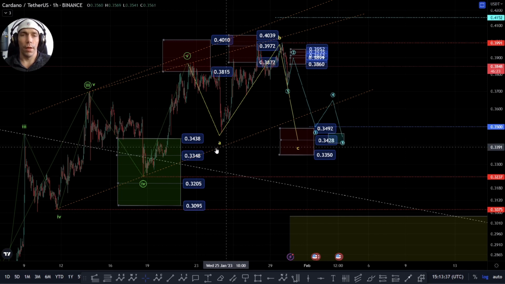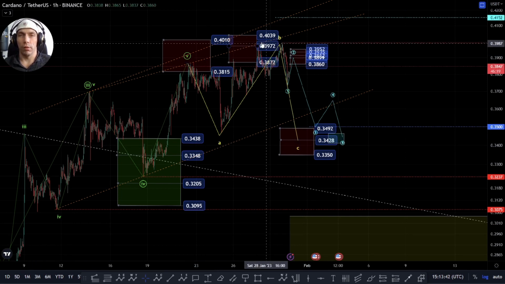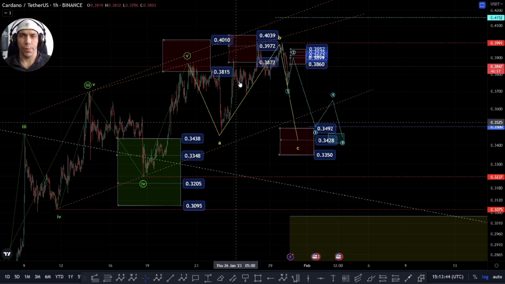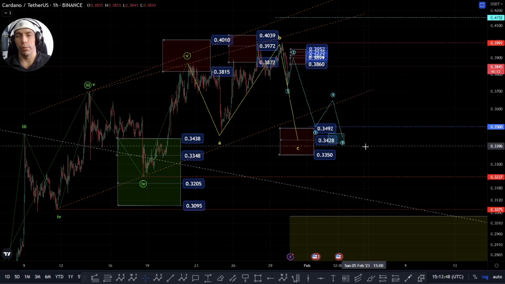different way, where we were talking about this being a corrective structure and looking to actually complete into this high point here. And if that is the case, this 5-wave move could actually be the start of a move away from this area.